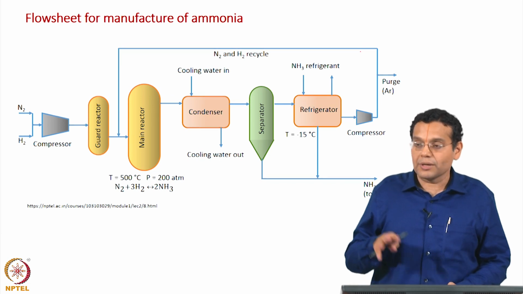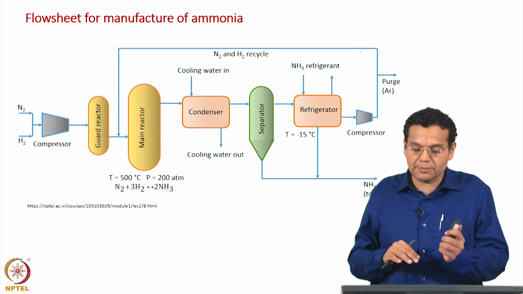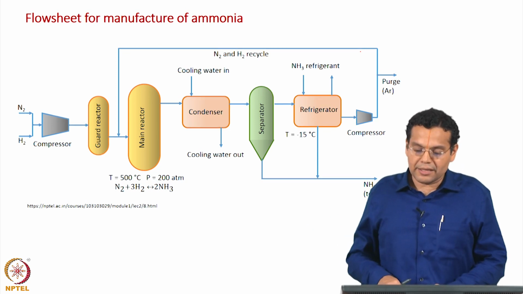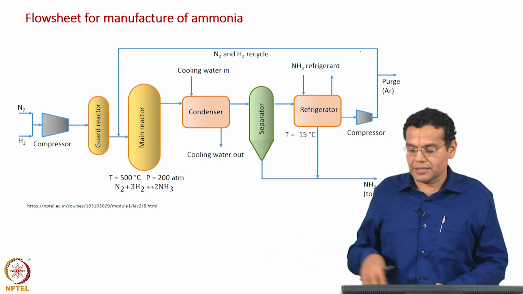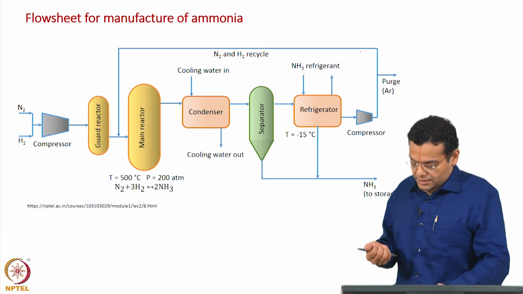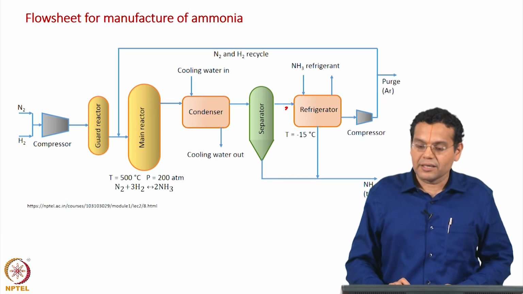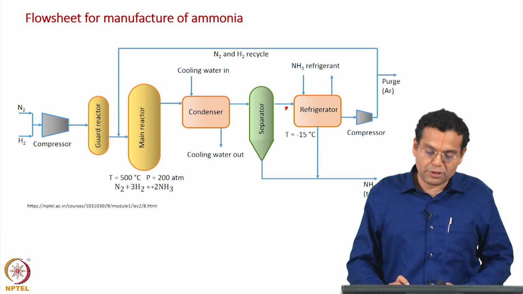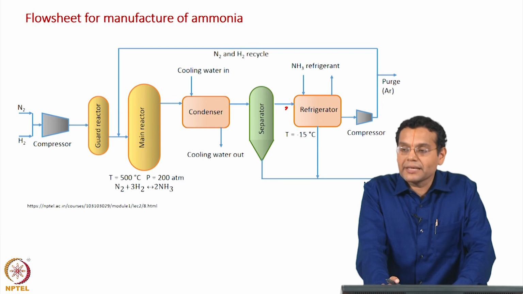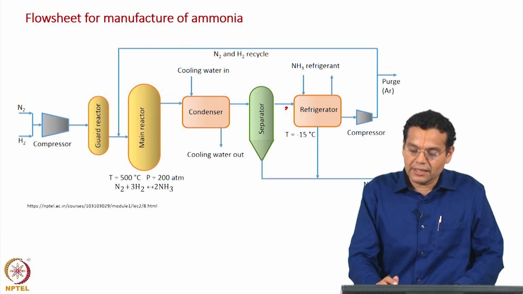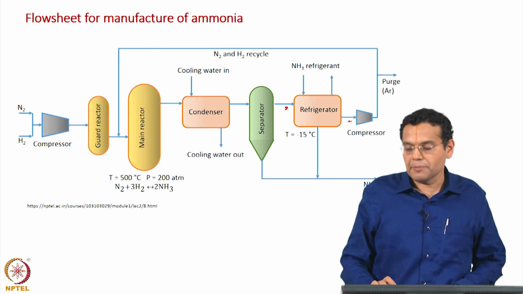So, you send it to a gas-liquid separator, a simple gas-liquid separator where separation takes place by gravity, and so liquid ammonia comes out, that is also part of the product stream, and the remaining stream goes to the refrigerator. Based on the high pressure of 200 atmosphere, you need a temperature of about minus 15 degrees centigrade, so that the ammonia going in this stream is as minimum as possible.